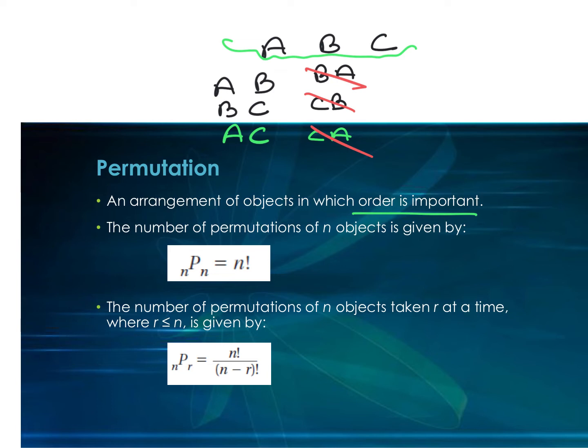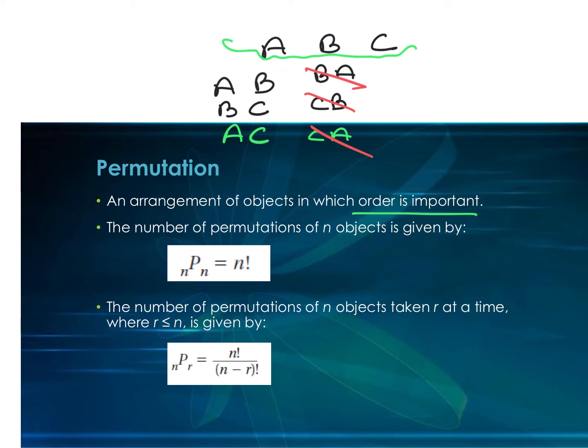So it says the number of permutations of n objects is given by, and this is the notation, a P with an n and an n, and when that value is the same, it's just n factorial.